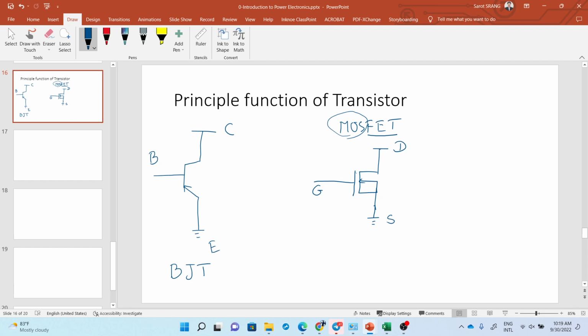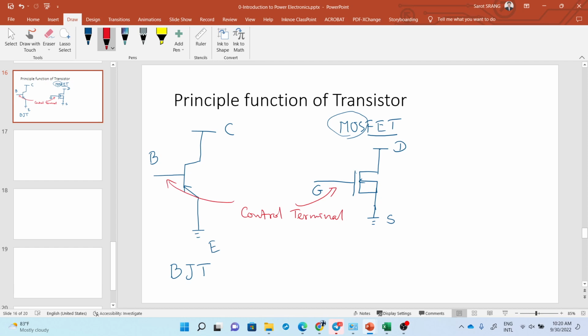For the bipolar junction transistor, the control terminal directly connects to the other terminals.